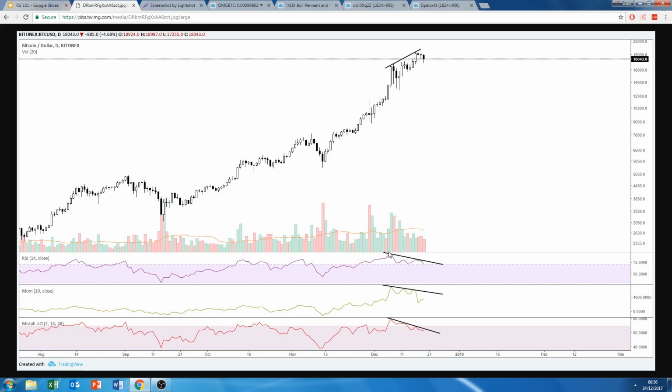The RSI made a lower high, momentum made a lower high, and the ultimate oscillator made a lower high as well. So what this tells me is that the bulls are getting tired and the uptrend is weakening. It's a bearish divergence. And as we all know, it played out quite nicely.